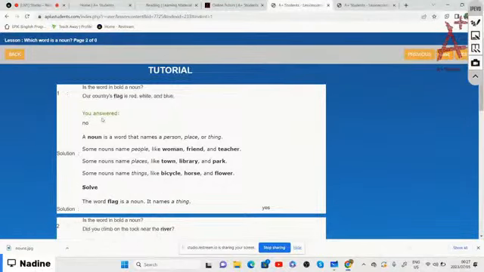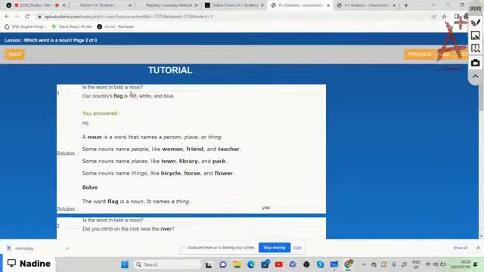All right, let's go to the next one. Our country's flag is red, white, and blue. We need to say if the word in bold, which is flag, is a noun. Does it name a person, a place, or a thing?